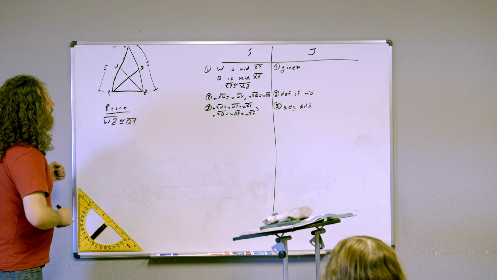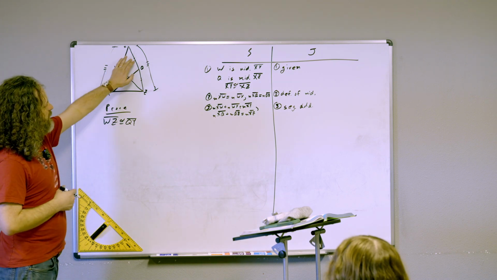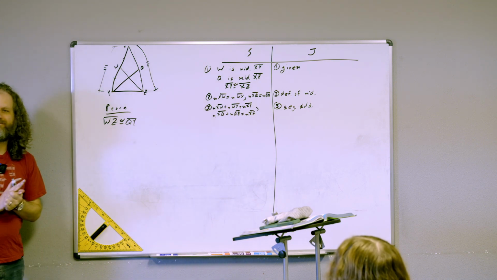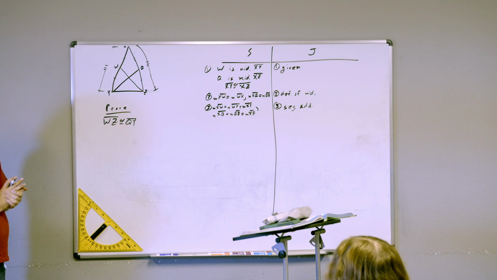Okay, so we said this plus this equals this plus this. Now what can we say? XY and XZ, since they're congruent, there's a transitive property to make them both. Substitution, actually.